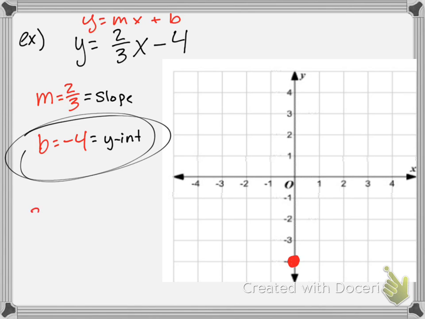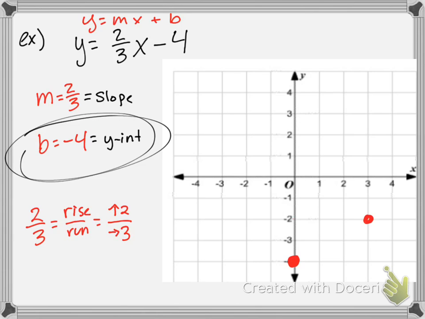My slope is 2 over 3. And remember, our slope is rise over run, right? And so that means they're both positive, so I'm going to go up 2 and to the right 3. Okay? So from this point, from negative 4, I'm going to go up 2 and over 3. You see how I went up 2 and over 3. 1, 2, 3, like that.